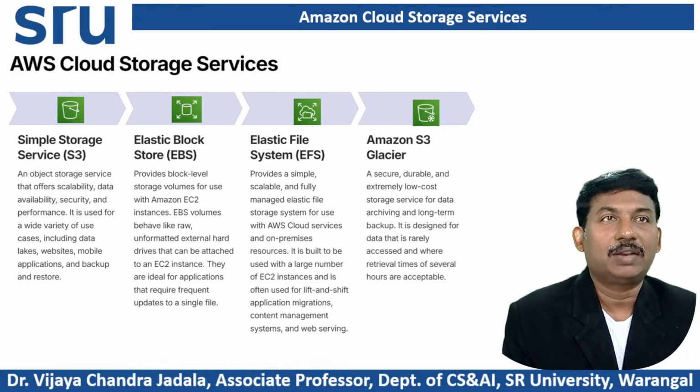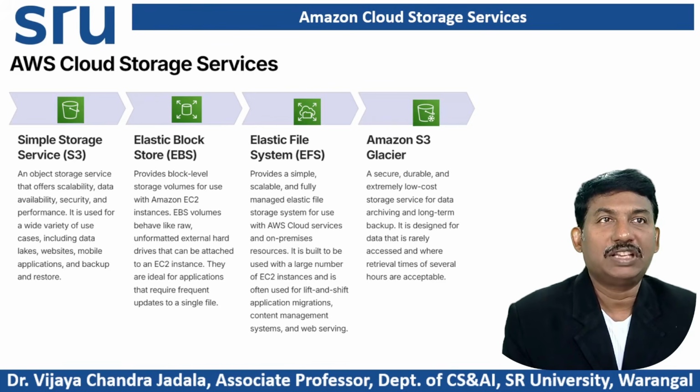That means Elastic Block Storage provides large volumes that are attached to the EC2 instances and stored as raw unformatted external hard drives. They are ideal for applications that require frequent updates to a single file. So this is all about Elastic Block Storage.